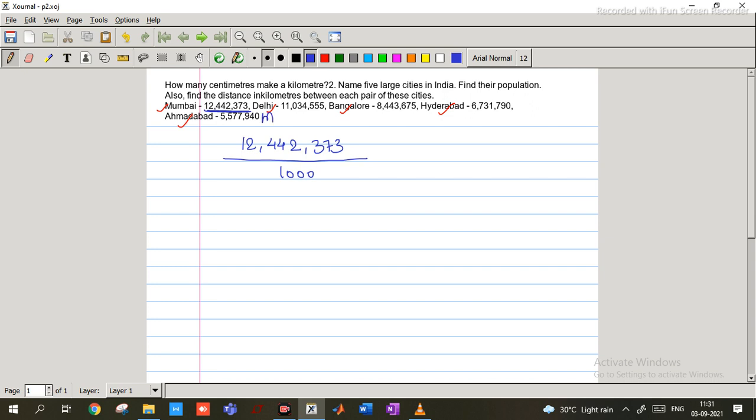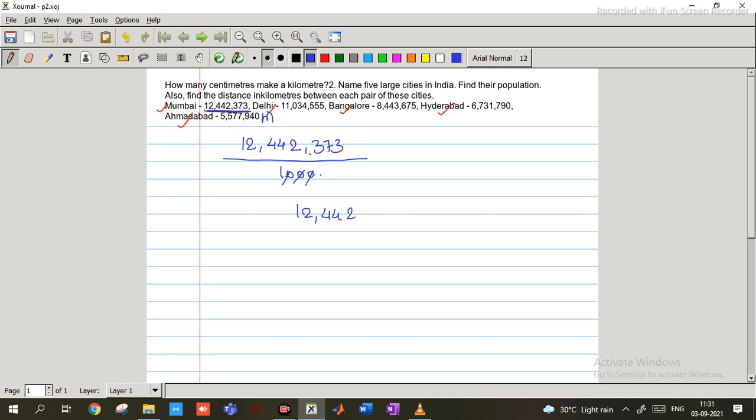So it will be 12,442 over 1000. You know that as many zeros as there are in the denominator, the equal number of decimal places will come in the numerator.